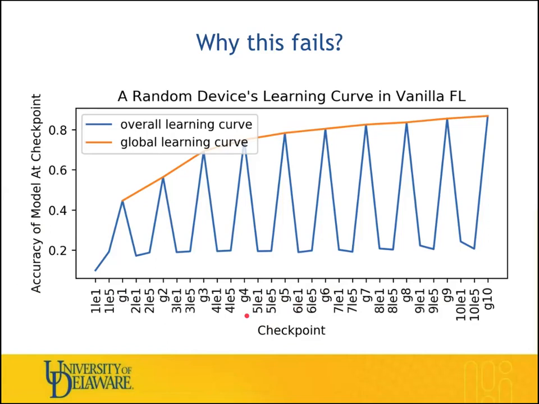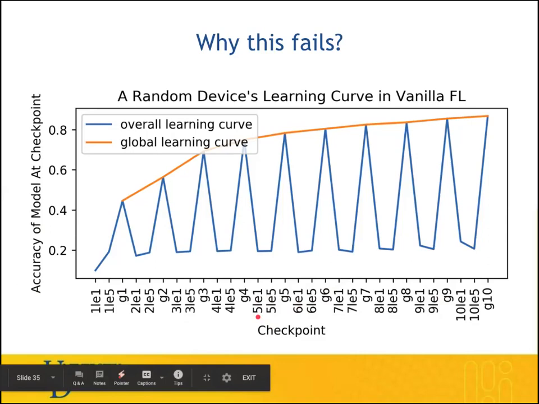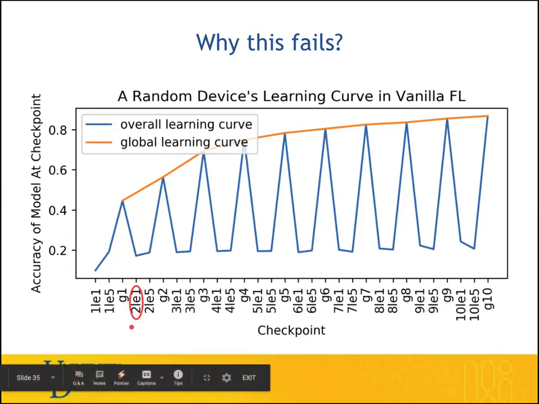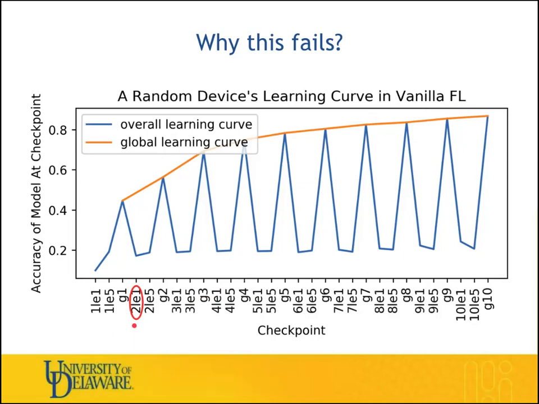LE also means local epoch, and the number before LE indicates the communication round number, and the number after LE means this local model was learned after this number of epochs from the last global model. So for example, this 2LE1 represents the local model that was updated from G1 by 1 epoch.